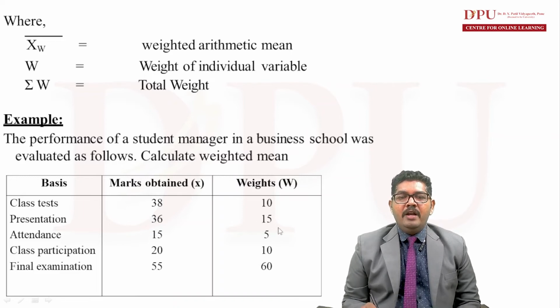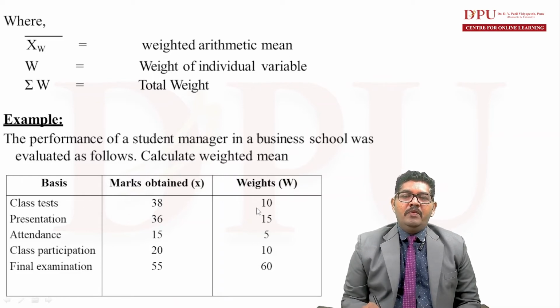So out of 100, a weightage of 60 is given to the final examination, 10 to class participation, and 5 to attendance. For presentation, importance is 15% only, and for class test, importance is 10%.